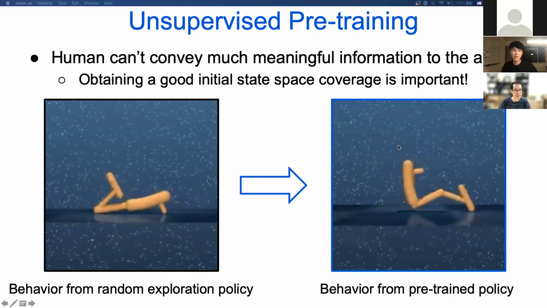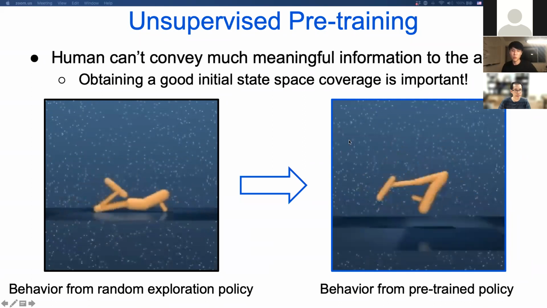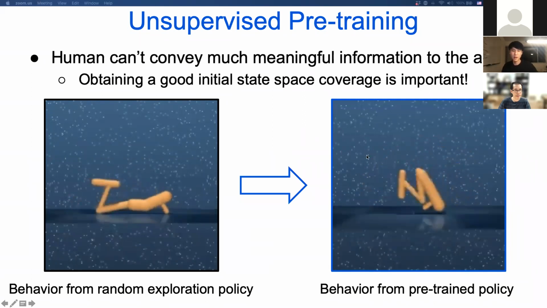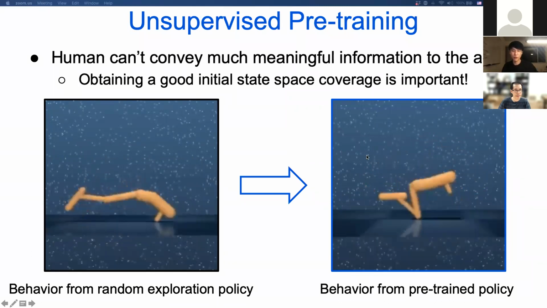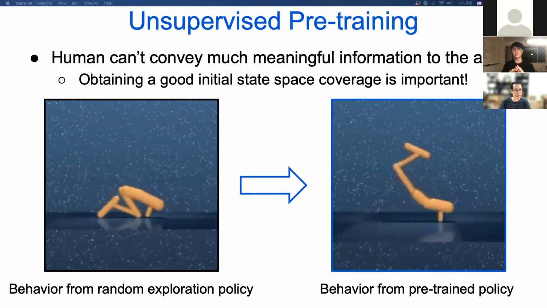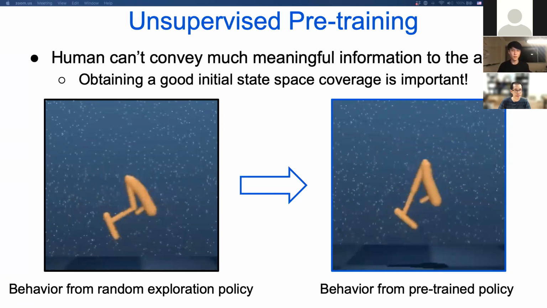One can easily note that after pre-training, the agent shows more meaningful behaviors like jumping and flipping. And intuitively, this agent should be easier for humans to teach locomotion tasks than before. So that is the high-level idea of the unsupervised pre-training. Any questions so far?